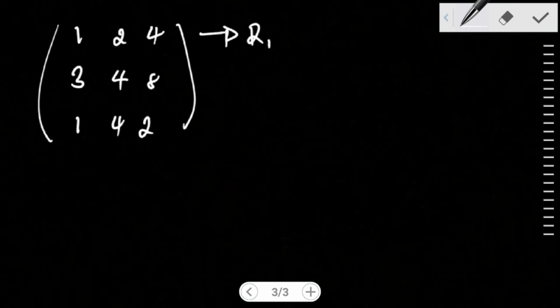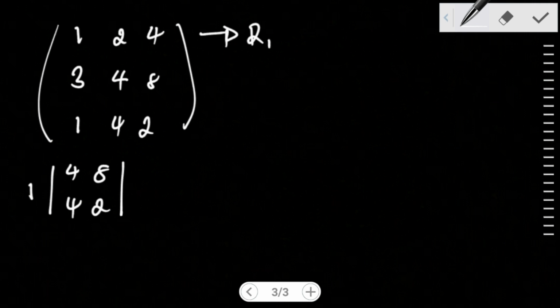So if I say this is going to be 1, determinant of 4, 8, 4, 2, and then minus 2. But remember, firstly you have to assign signs in front of them: positive, minus, positive, minus, positive, minus, positive, minus, positive.